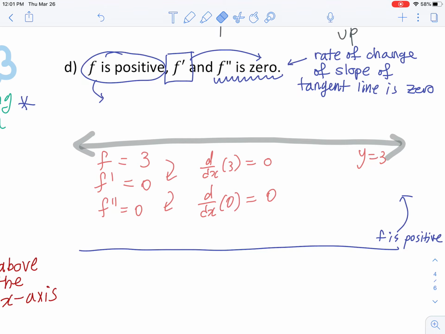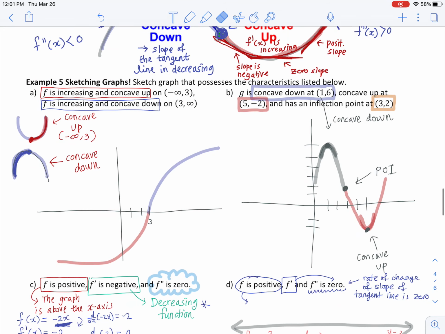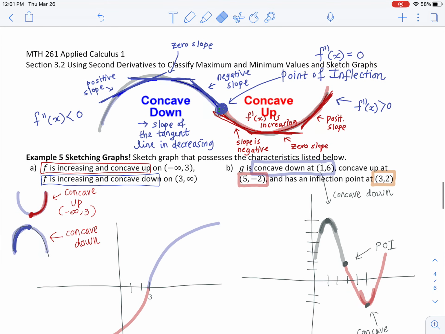Like they said f is positive, and if any part of the graph goes below the x-axis, that's not going to be the answer. Things like that. I wanted to include some examples that will help you on the homework.